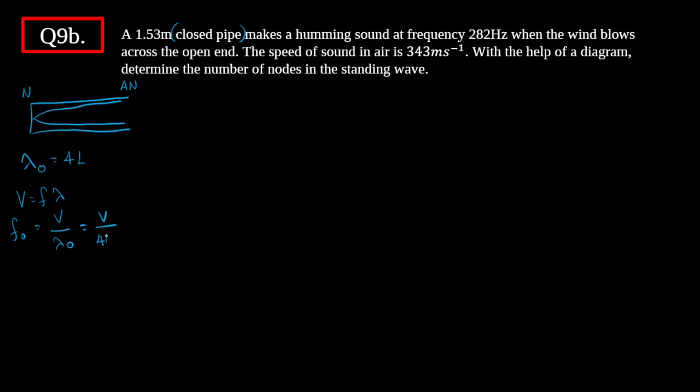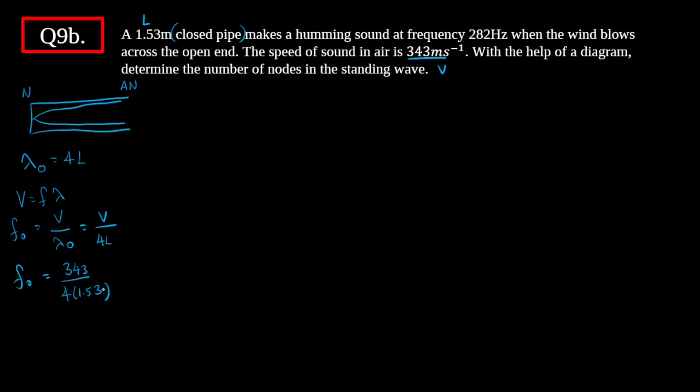Just checking that I have all the values. I have V here, and I have L here, given earlier in the question. So I can find my fundamental frequency to be 343 over 4 times 1.53. That is my fundamental frequency.